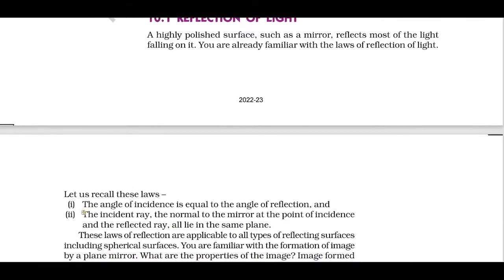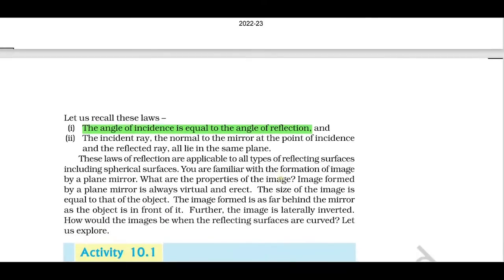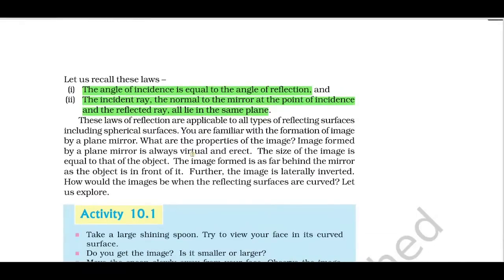You should know the two laws of reflection. The angle of incidence is equal to the angle of reflection. And also the incident ray, the normal to the mirror at the point of incidence, and the reflected ray all lie in the same plane.